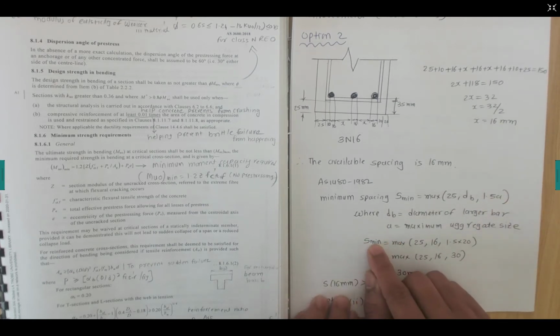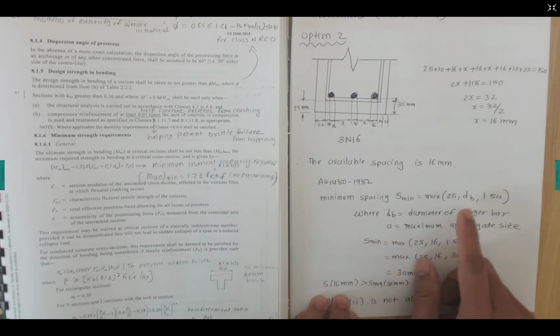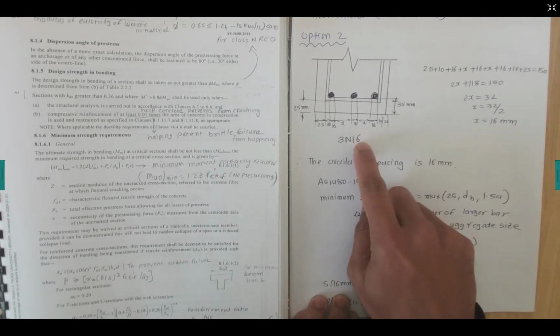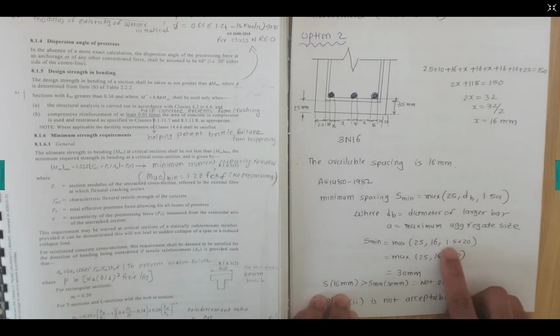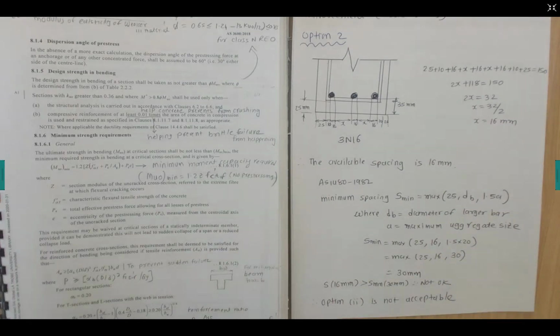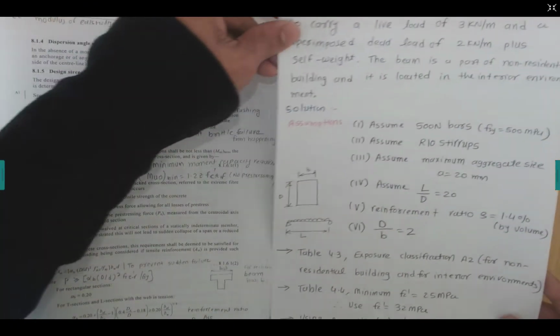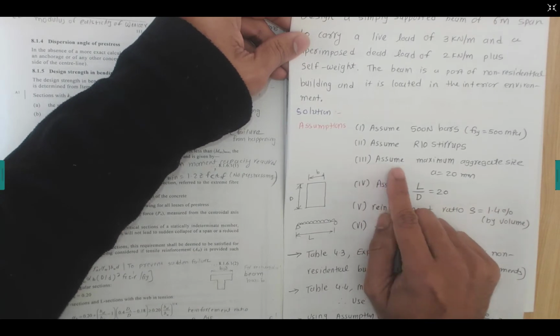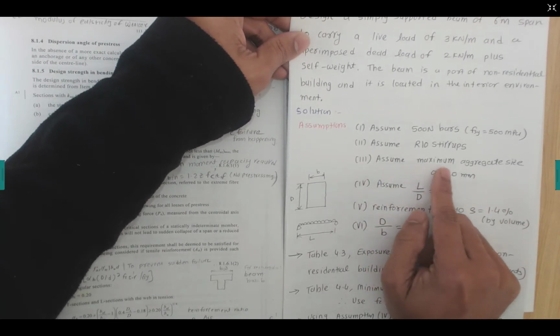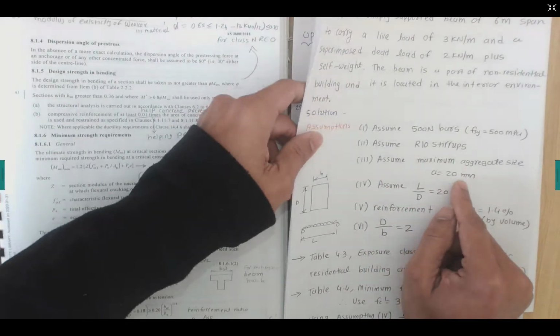So if I find out what the minimum would be: 25; the diameter is 16 millimeters bar diameter for option 2; and 1.5 times aggregate size. Somewhere we have written the aggregate size. Yep, in our assumptions we assumed maximum aggregate size a equal to 20 millimeters.